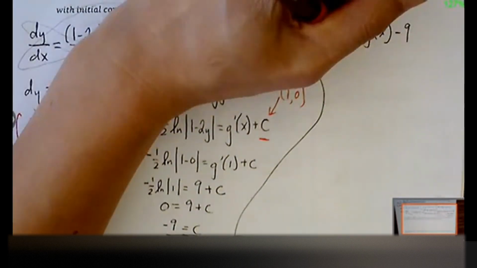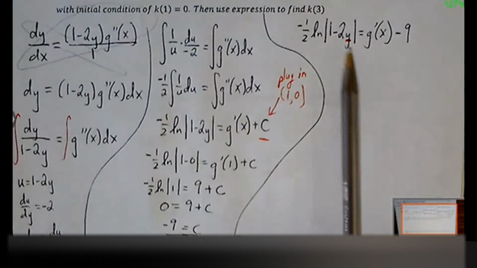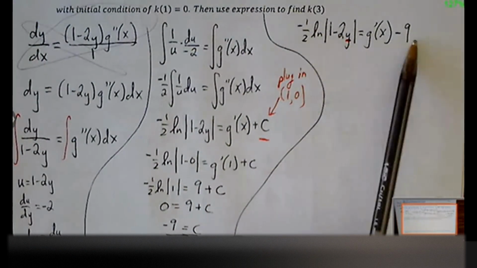So now my goal is to get that y by itself. I have a couple of things I have to resolve. I'm going to have to move this -1/2 over to the right side.